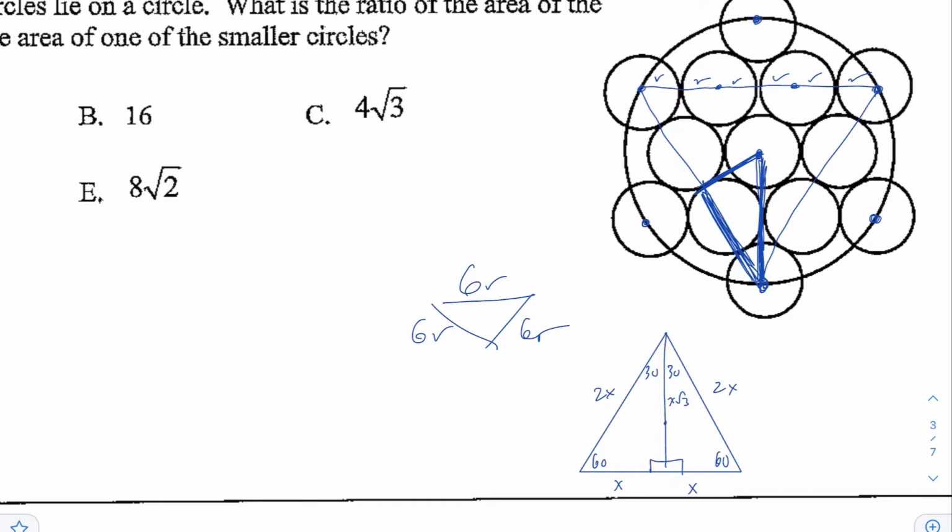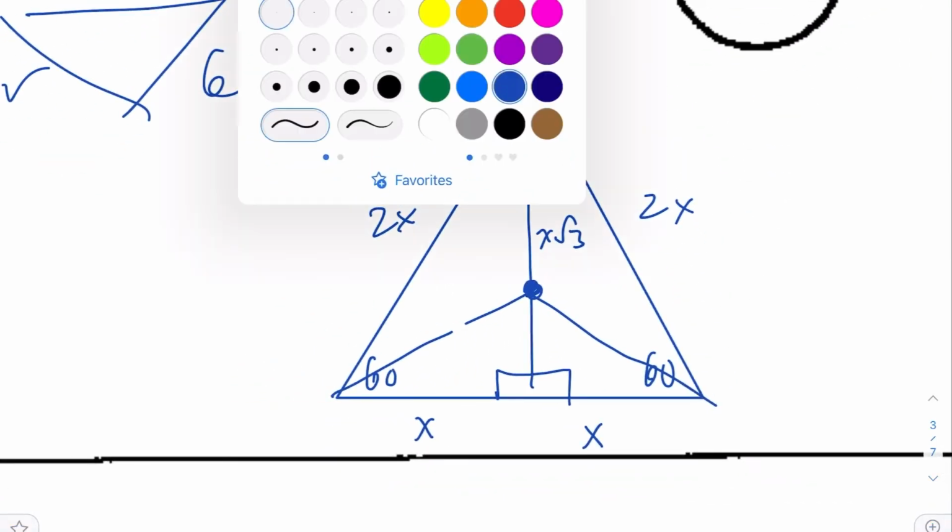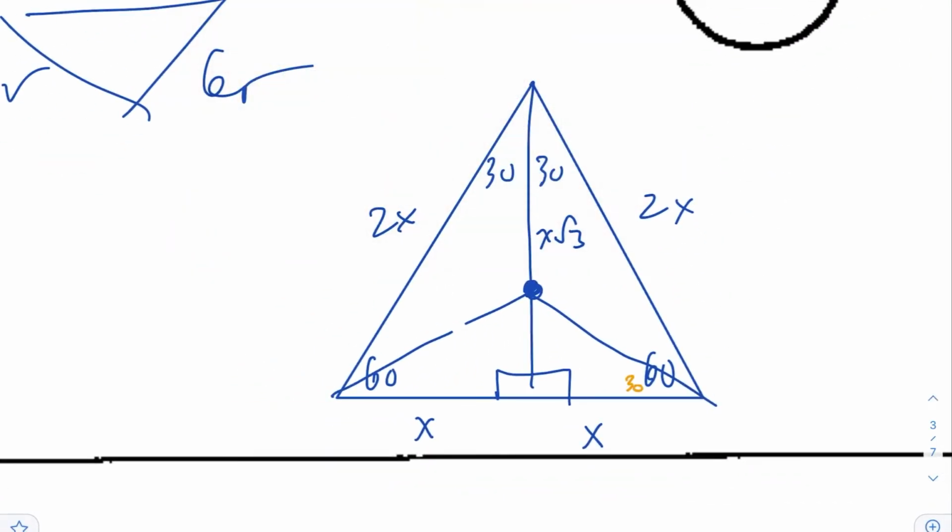But from here, you can also break down one of these into another smaller 30, 60, 90 right triangle. Because here, you know that each of these would be 60 degrees, this would be 90, and this would be 30 degrees. So this smaller triangle here is a 30, 60, 90.